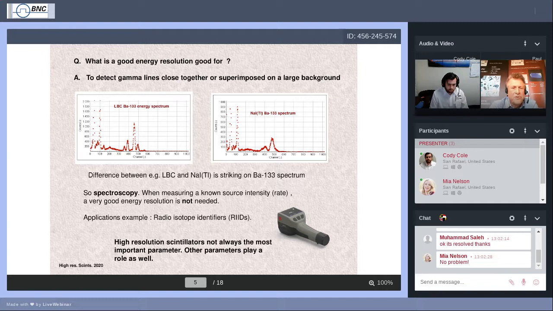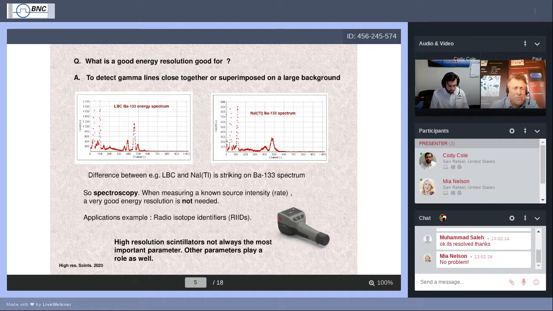This is barium-133 with the main line in the middle at 356 keV. Their difference, of course, is striking. If you want to separate peaks that are very closely together, a high-resolution scintillator or a high-resolution detector is a great advantage for you. When you want to measure just the intensity of a known source, you don't need high resolution, when you're just counting.